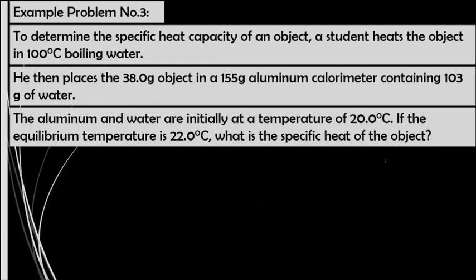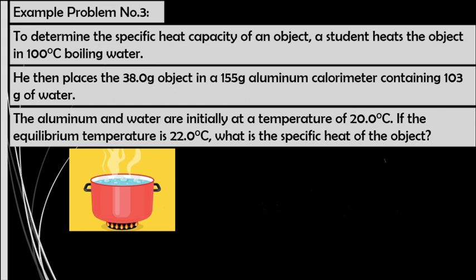So let us analyze our problem by identifying the given. From the first statement, we are given that an object was placed in boiling water, which has a temperature of 100 degrees Celsius.